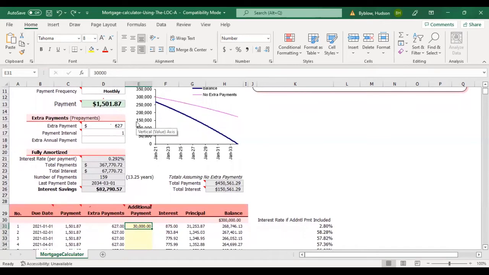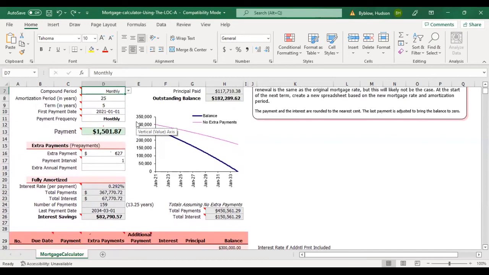Let's look here. Our total payments are $367,000. I'm going to write this down over here. $367,000 total payments, and total interest is $67,700 over time. And that's what we have there. So now that's 300.